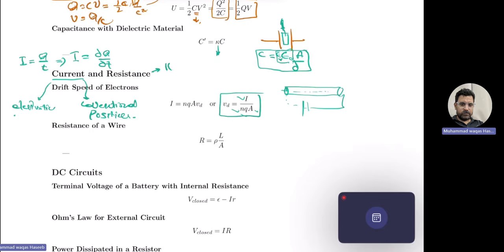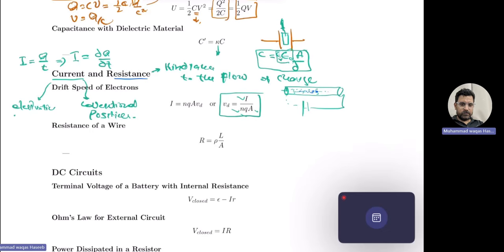Resistance is the hindrance to the flow of charge. Hindrance means it stops the charge, because when there are so many charges, they collide with each other and lose velocity, or the velocity gets reduced, so it produces hindrance to the flow of charge.